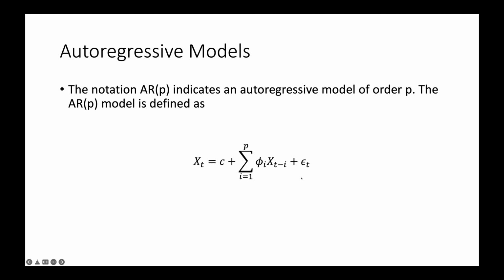So this is a simple autoregressive model, which says that step t is going to be predicted or computed from the p previous steps.